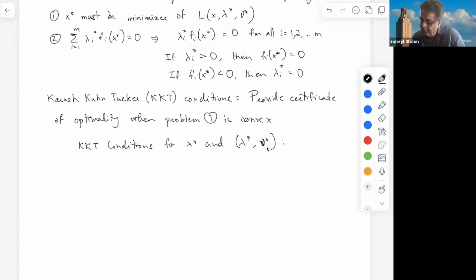X star should be primal feasible and lambda star should be dual feasible.